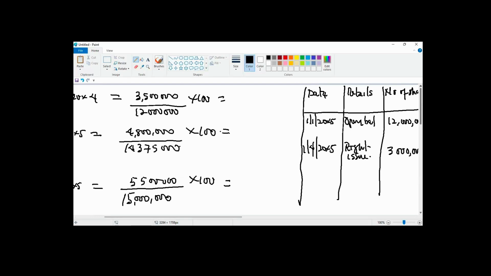The first one is 29 cover. 33 cover. 37. That is that.